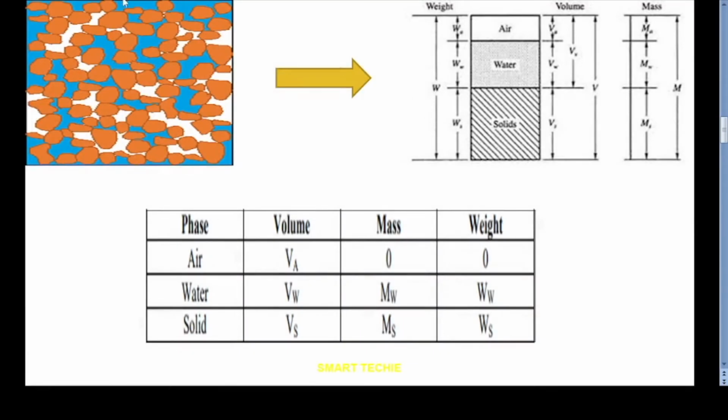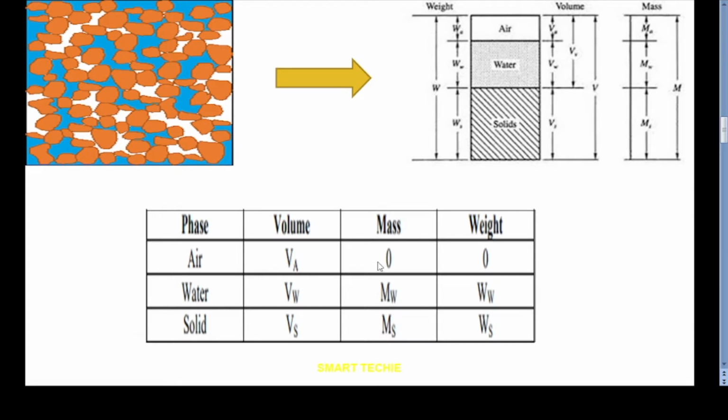So this is a typical three-phase diagram wherein we have the soil particles and the voids are partly filled with air and partly with water. Now this is how we represent the three-phase diagram. These abbreviations are very important from derivation point of view. If you take volume of air, it is denoted by the letter Va.